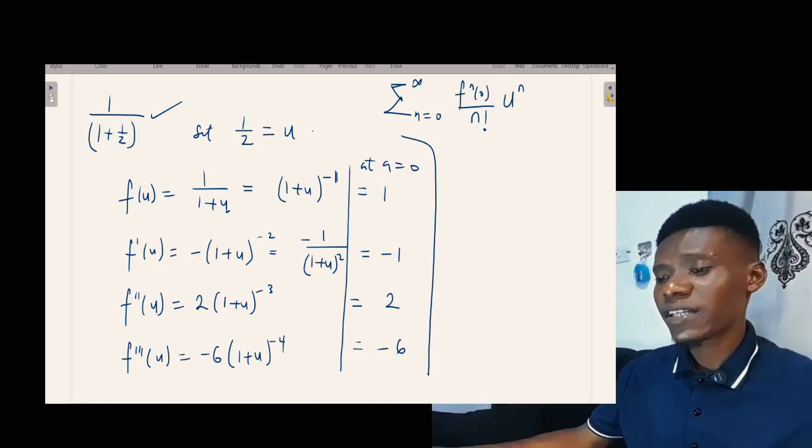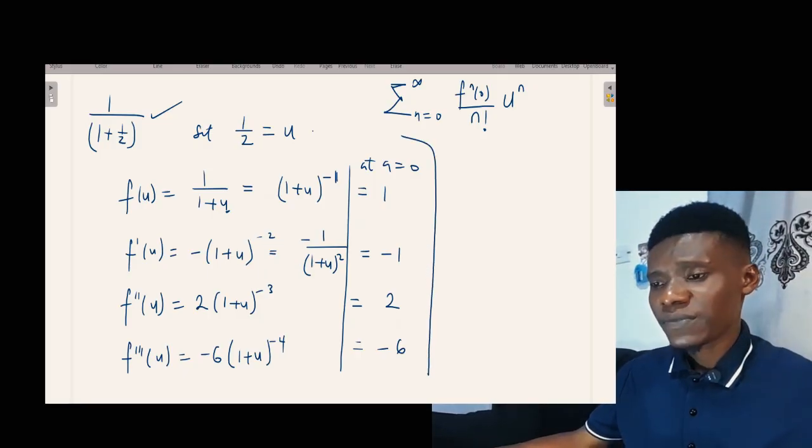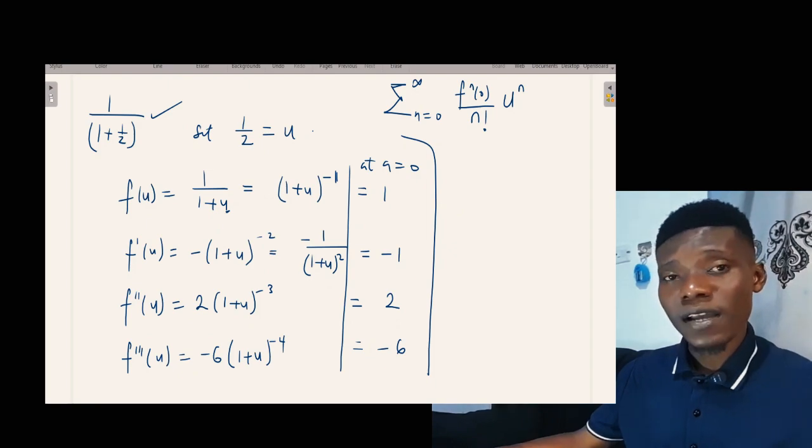Now, using this Taylor expansion, substitute the value of u and the value of fn of 0.